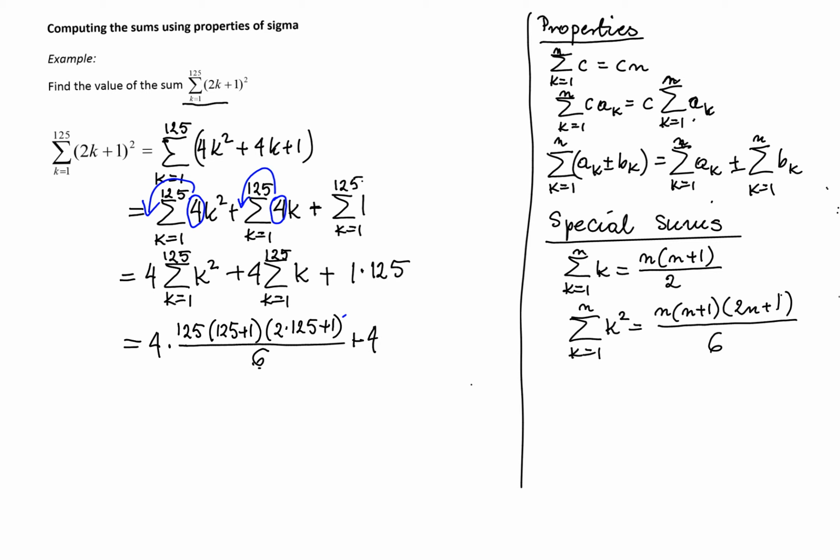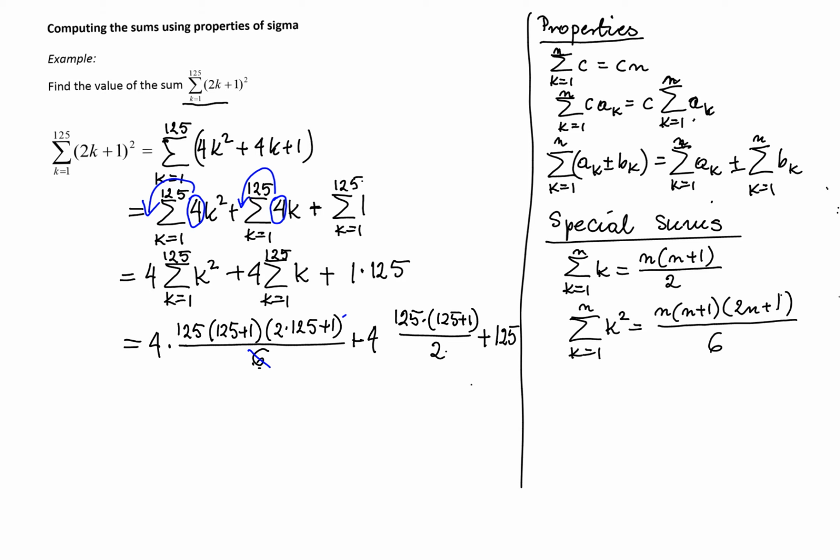The second term will use the formula for the sum of the first n positive integers, and since n is equal to 125, that's going to be 125 times (125 plus 1) over 2. And then we'll add 125 from the last term.